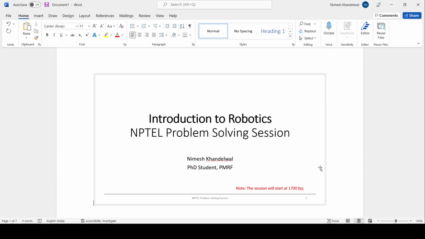So in this problem solving session, I will give you a derivation of the Kalman filter for a linear system. That derivation can be extended very easily to non-linear systems, and that is the EKF, the extended Kalman filter, that you have studied.